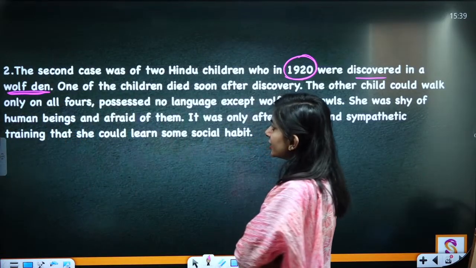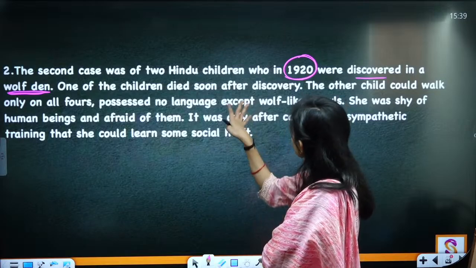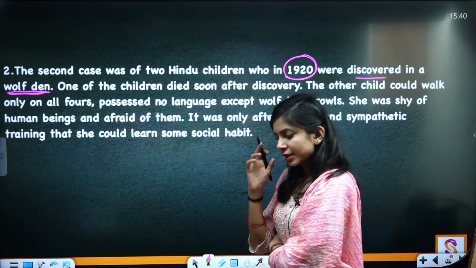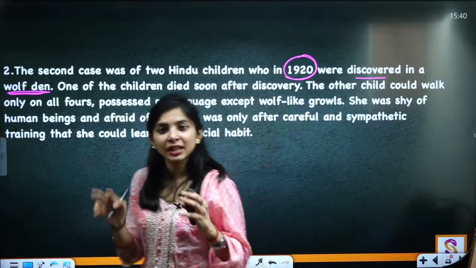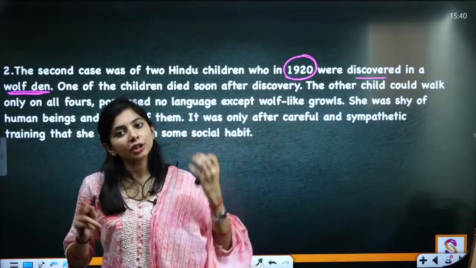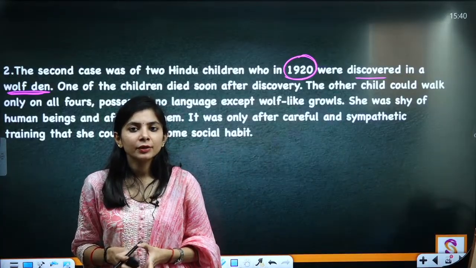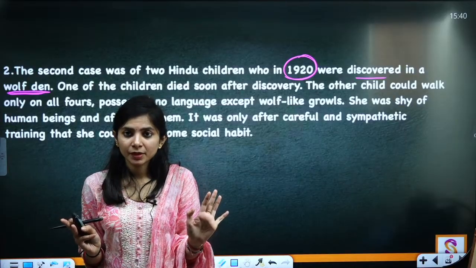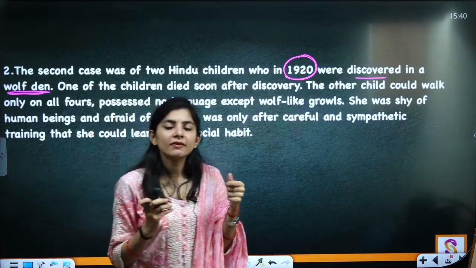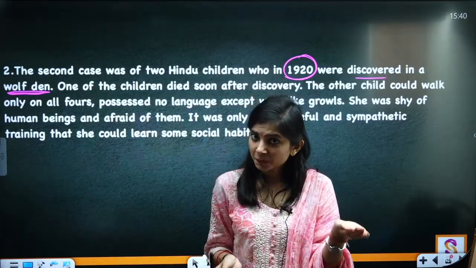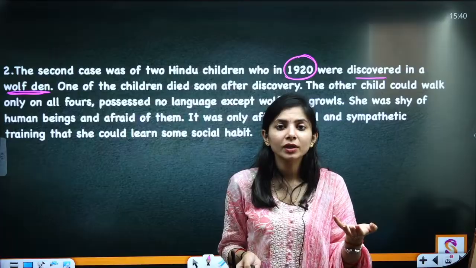One of the children died as soon as human beings discovered them. These two girls were similar to human beings in outlook, but due to their behavior they were not equal to human beings. They were behaving like animals; they were not able to speak, and not able to walk.